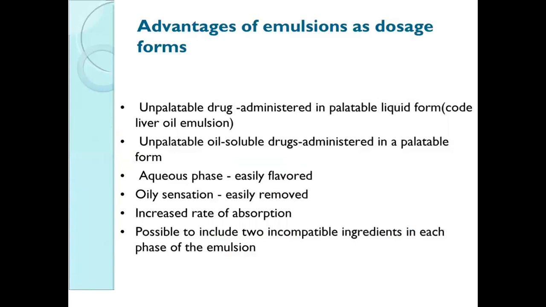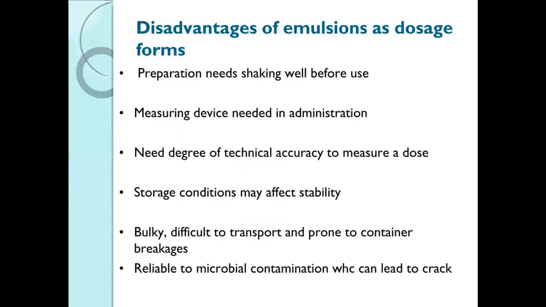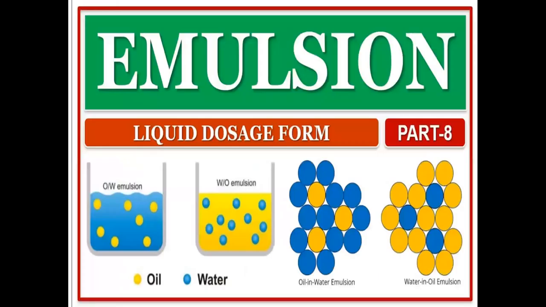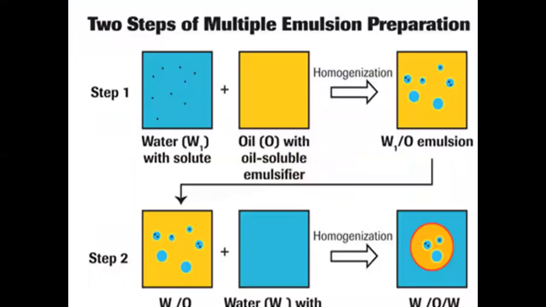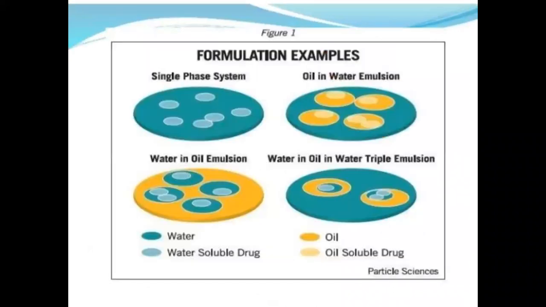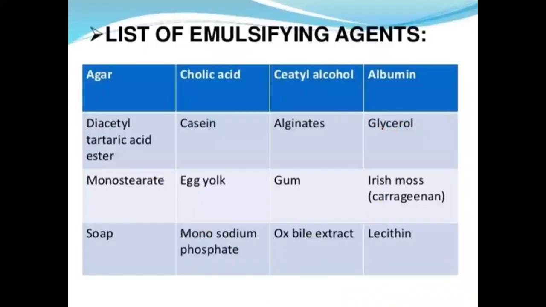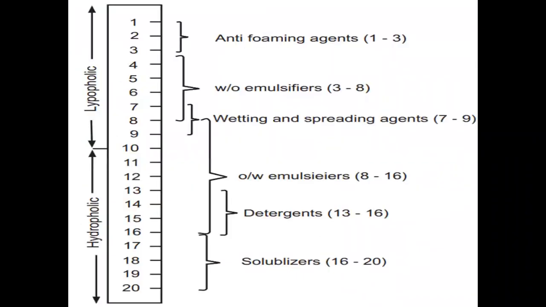This is known as emulsion. In this chapter we cover disadvantages, types, identification tests, methods of preparation, and the HLB scale. All these points are important in this chapter, and also differences. Here we complete this chapter.